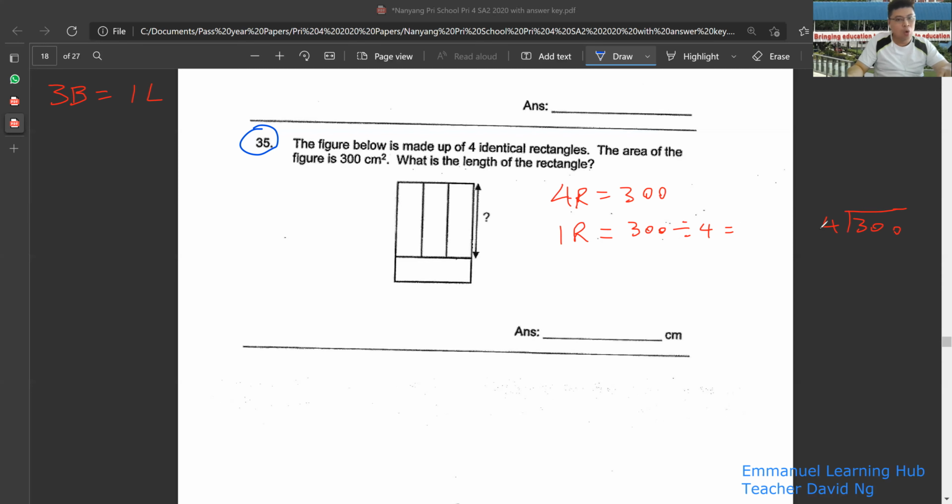15. No, not 15. 150. No, you do the division and you tell me. You do the long division on a piece of paper.